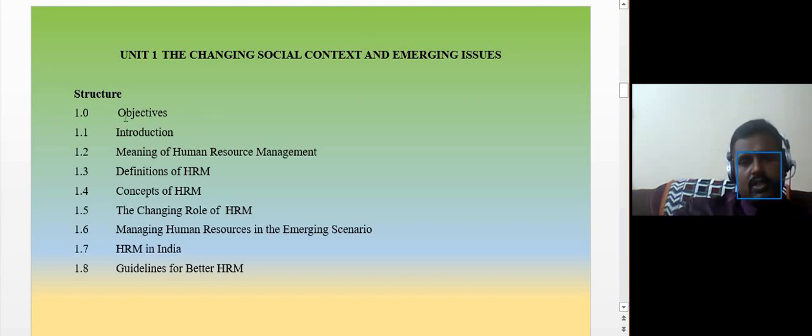We discussed the objectives of this course and the introduction of human resource management, and we dealt with the meanings and definitions of human resource management and the concepts related to HRM practices, the changing role of human resource management practices, managing human resources in the emerging scenarios, the human resource management practices followed in India, and the guidelines for better human resource management practices.